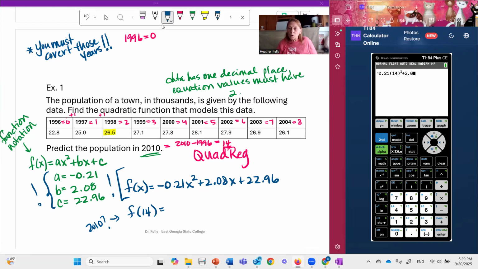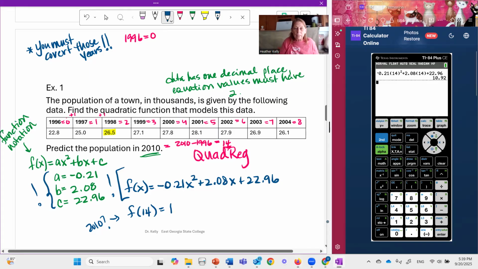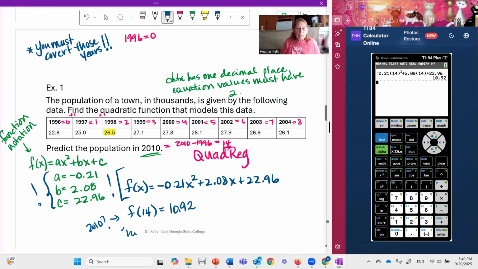Plus 2.08, open parenthesis, because remember parentheses mean multiplied by, so you can just plug in that 14, plus 22.96, enter, and that gives us 10.92.